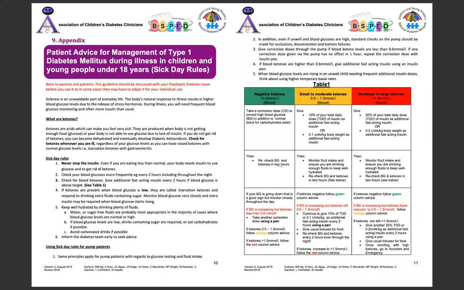I hope we covered all the parameters and all the management of the sick day rule. Just remember one point: in sick day management, there are certain numbers like 4, 10, 14, and you have to remember these numbers for management purposes. And what are the red flags, when you will seek the emergency room.